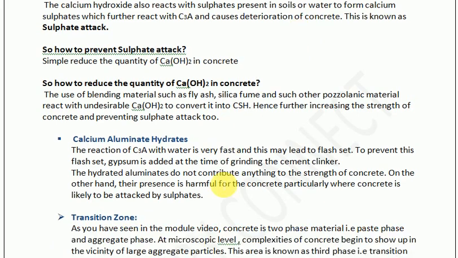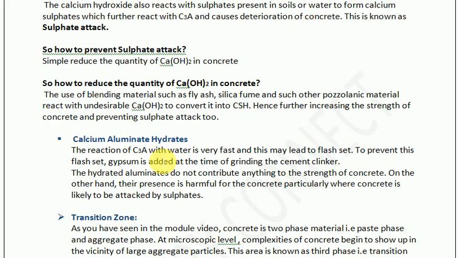Now let us understand calcium aluminate hydrates. The reaction of tricalcium aluminate with water is very fast, and this may lead to flash set. To prevent this flash set, gypsum is added at the time of grinding of cement clinker. This fact we already knew. The hydrated aluminates do not contribute anything to the strength of the concrete. On the other hand, their presence is harmful for the concrete, particularly where concrete is likely to be attacked by sulfates.